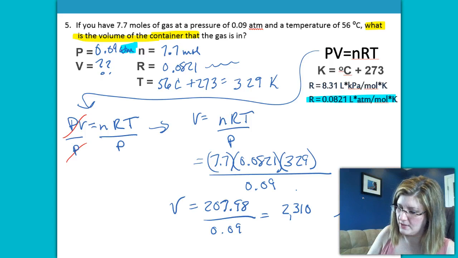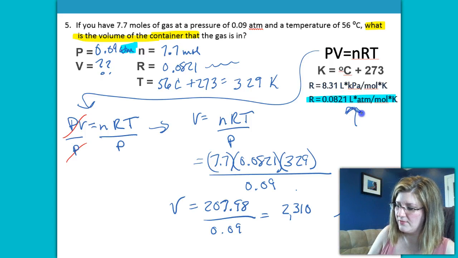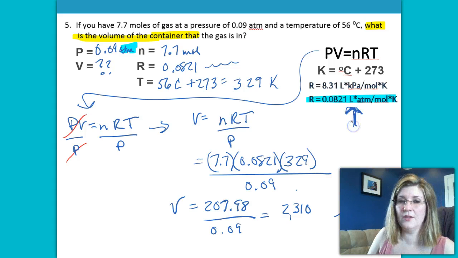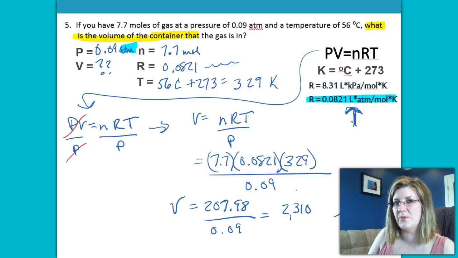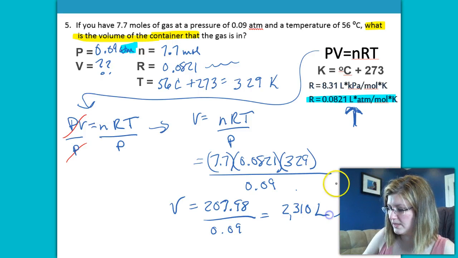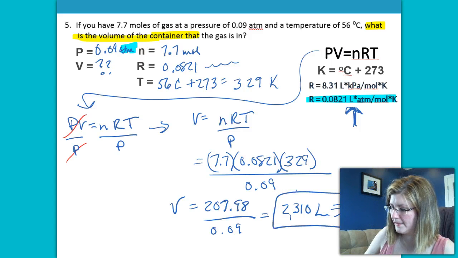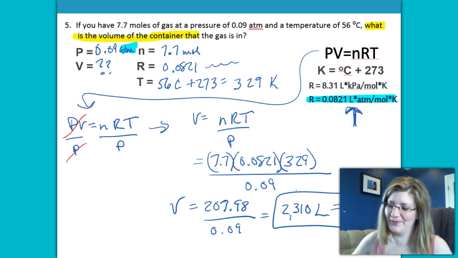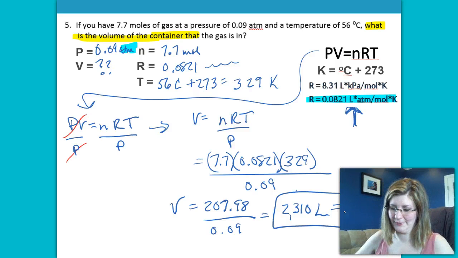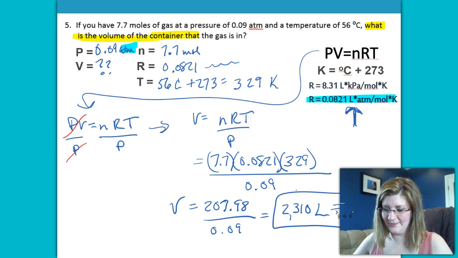We're looking at using liters as our volume measurement. If you needed to know why or how, you go back to your R value, because whatever you're left with is coming from your R value units. So that's going to be liters equals volume. That's a lot of liters, but I've done this a couple of times, and so I know it is the correct answer. Excellent.